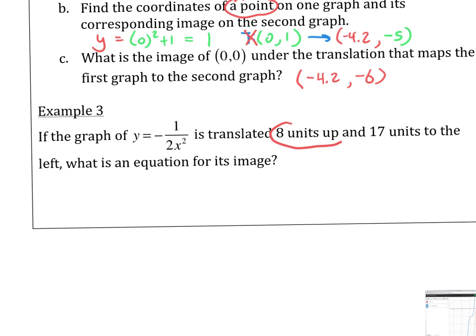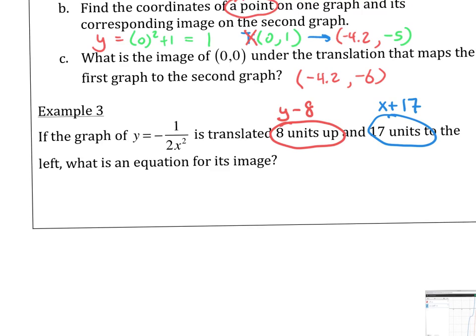Well, 8 units up means y minus 8 on the side of the y, and 17 units to the left means x plus 17.